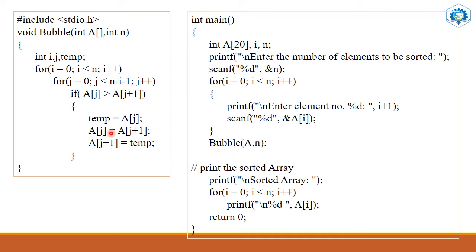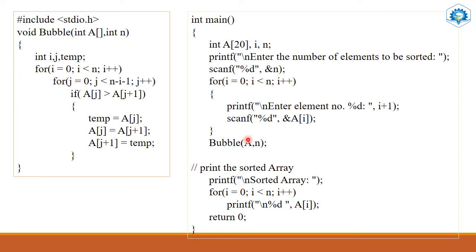After executing this bubble sort function, the array is sorted, and we are just printing the sorted array: for i equal to 0, i less than n, i plus plus, printf a[i]. When we print the array, the sorted array will be printed. Why?